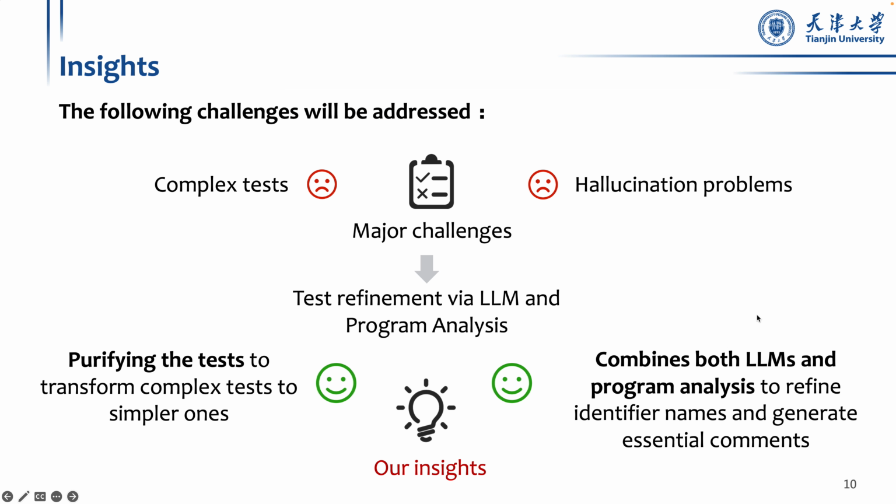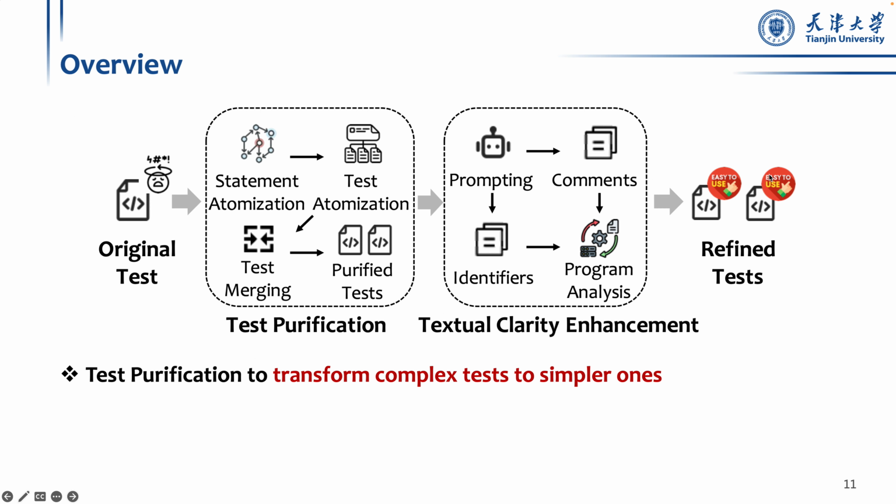To handle those challenges, it's a natural idea to purify the tests, transforming complex tests into simpler ones, and to combine both LLMs and program analysis to avoid errors caused by hallucinations. Based on these insights, we propose CLAST, which consists of two main components. The first is test purification, which transforms complex tests into simpler, semantically coherent ones.